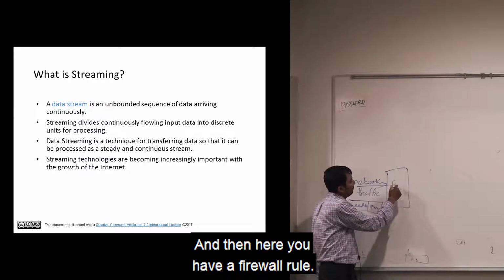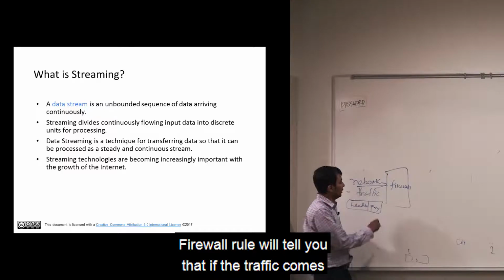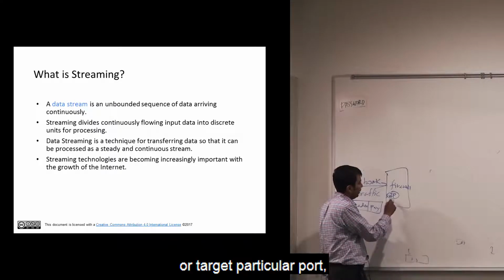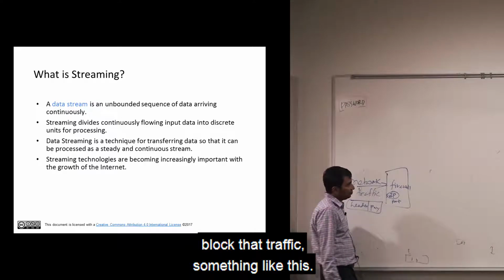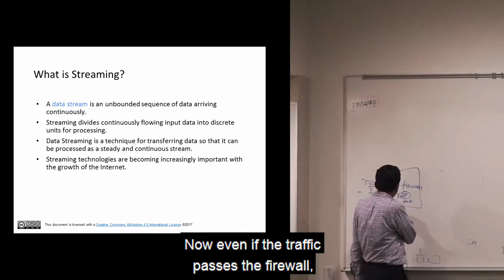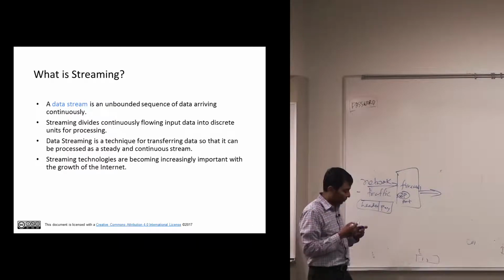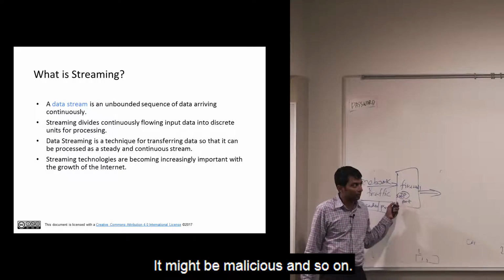And then here you have a firewall rule. The firewall rule will tell you that if the traffic comes from a particular IP, block it. If the source is a particular IP or the target is a particular port, block that traffic, something like this. Now, even if the traffic passes the firewall, there is no guarantee that the traffic will be benign. It might be malicious and so on.